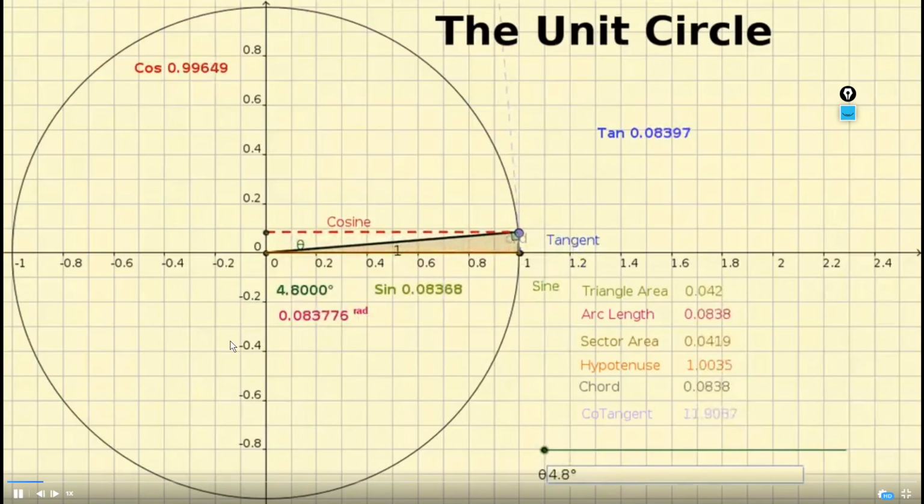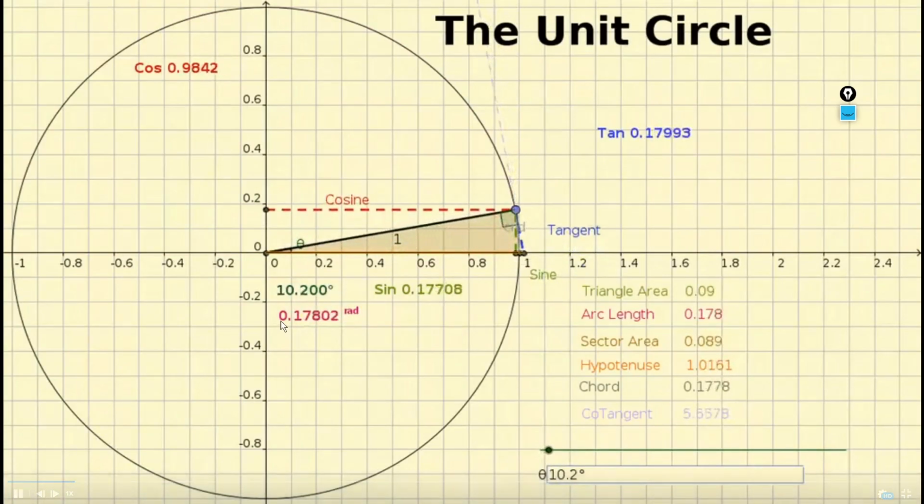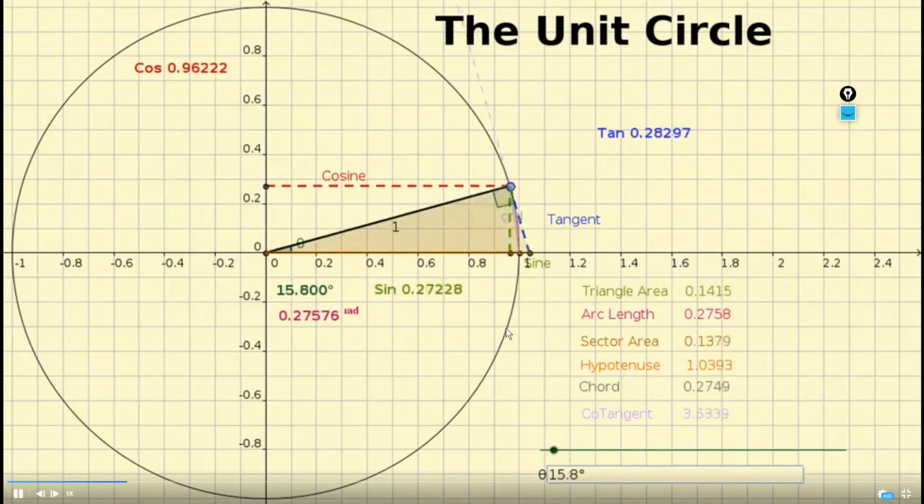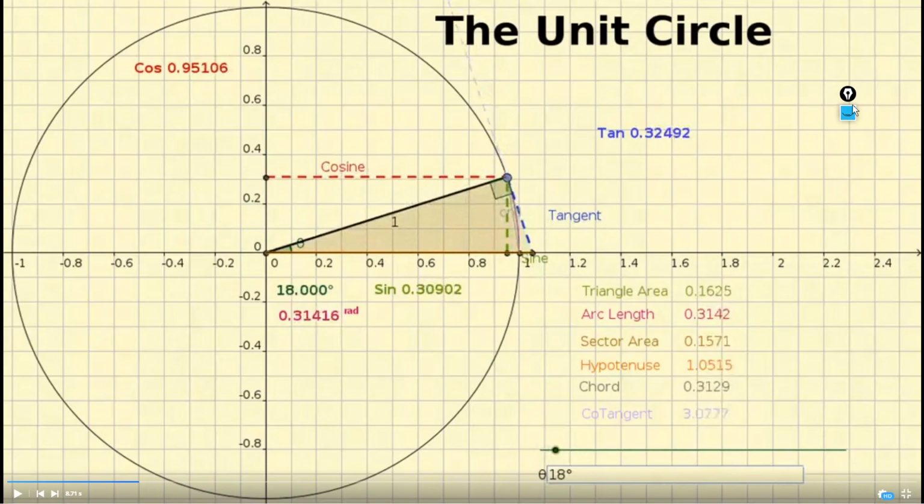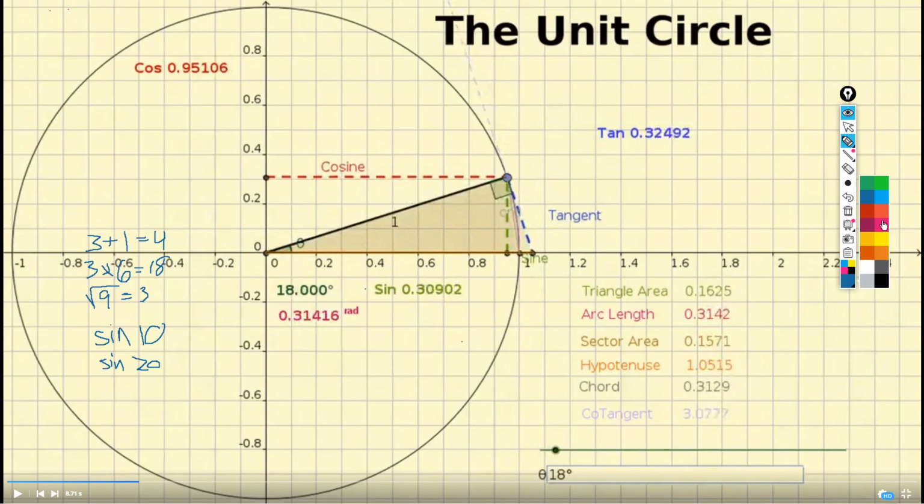So let me play this a little bit and freeze it to help demonstrate the idea, okay? I'm gonna pause it right here. So if I look at this triangle, there's 2 things I want you to look at. There's the red cosine, okay? This right here is the same as this right here, right? Those are the exact same length. And this, if you look at a triangle, it's the horizontal line of the triangle.